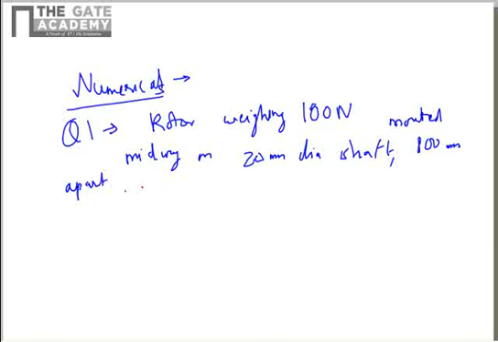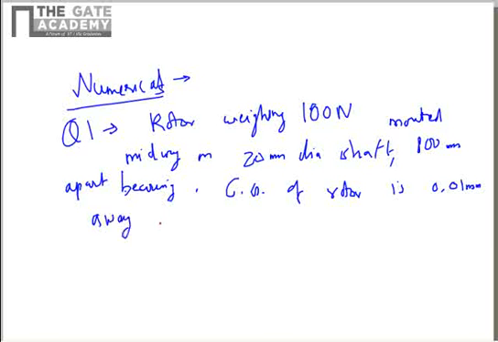Due to a manufacturing defect, the center of gravity of the rotor shaft is 0.01 mm, a very small value, away from the geometric center. So just a 0.01 difference in the position. This is a case of a rotating vibrating load.